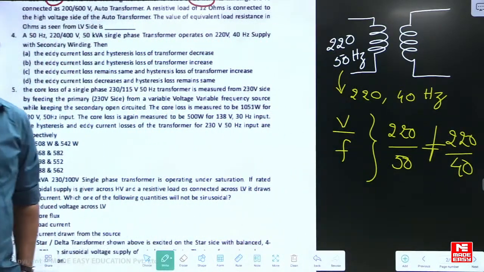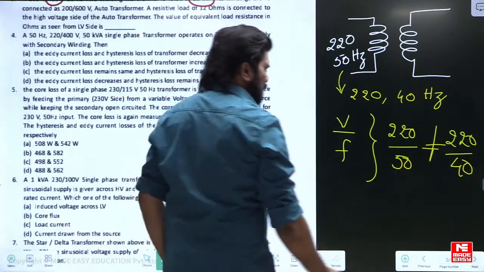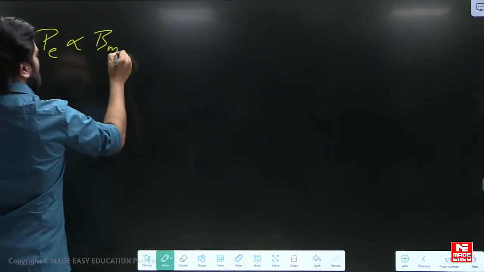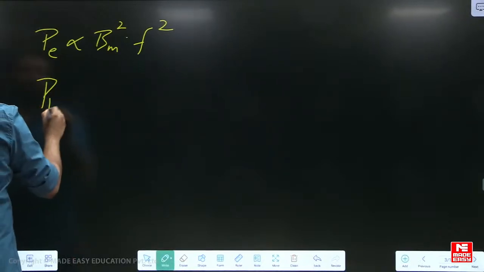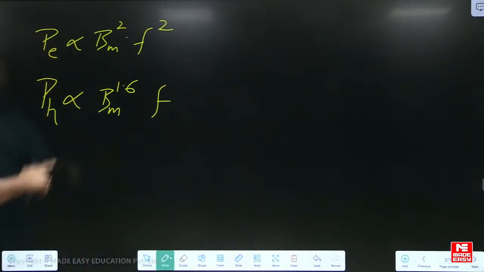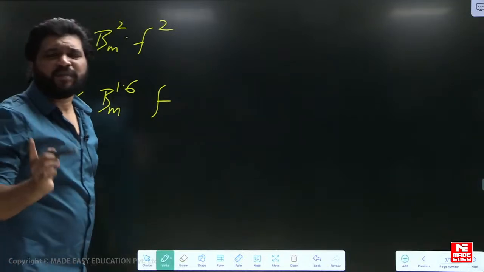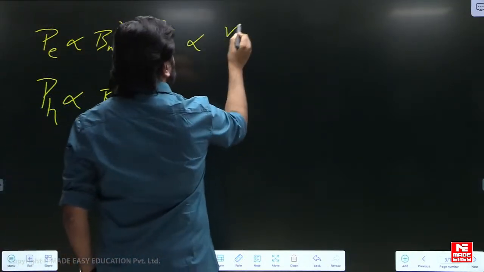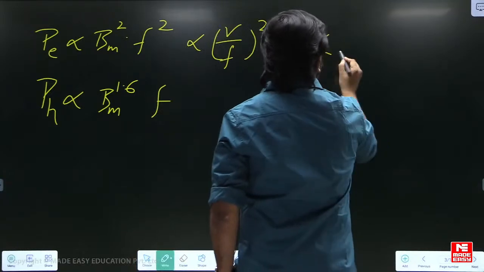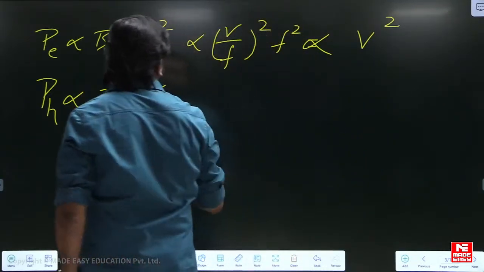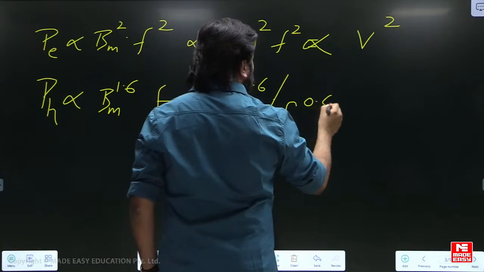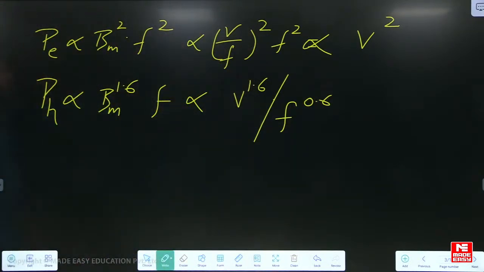The V by F ratio is not equal, then you know eddy current loss is proportional to, hysteresis loss is proportional to, as Bmax is not constant, in place of Bmax you can put V by F. So finally you will end up with these two expressions.